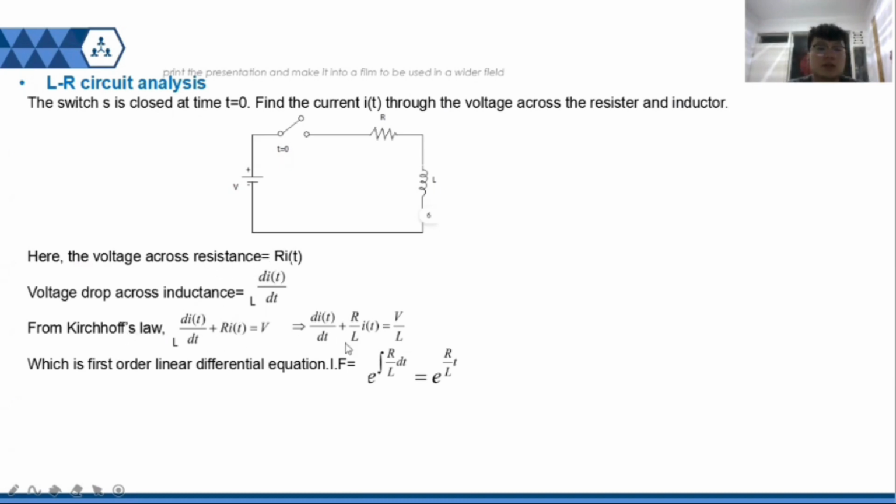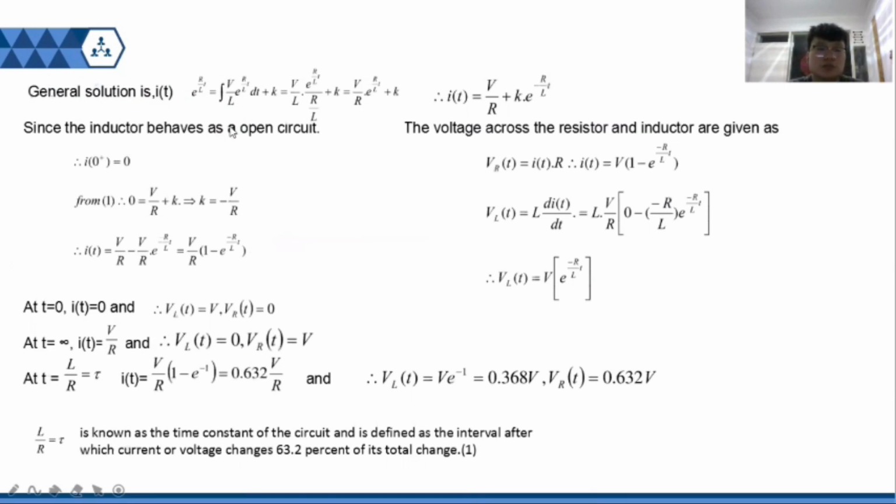From Kirchhoff's law, which gives a first order linear differential equation, we can get the general solution of I. With the switch open, I equals 0 initially, so we can get K. Because V equals IR, and we know I, we can get V. So at different times, we can get different values of I, and also different VL and VR.